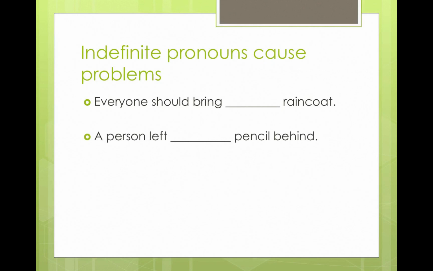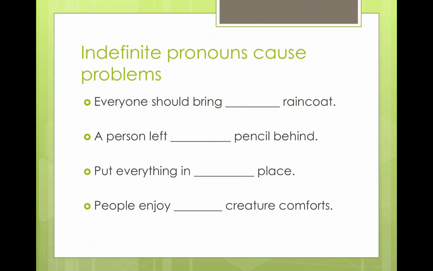A person left blank pencil behind. Put everything in blank place. People enjoy blank creature comforts. All right, in the third sentence, everything, the pronoun for that would be what? People enjoy blank. What would be a pronoun for people?